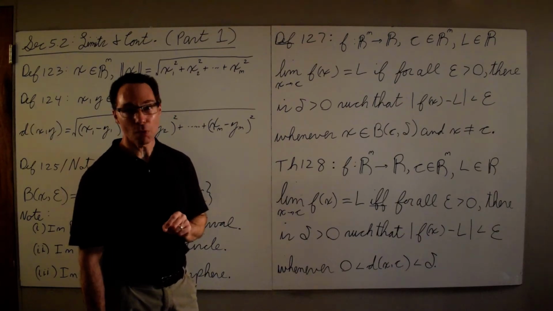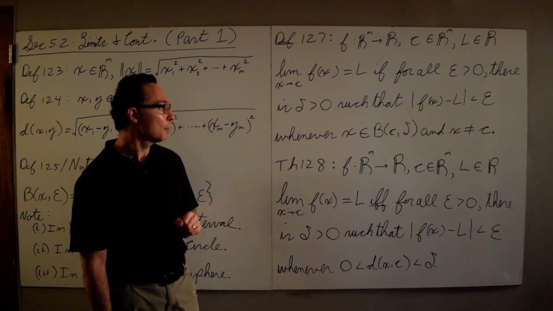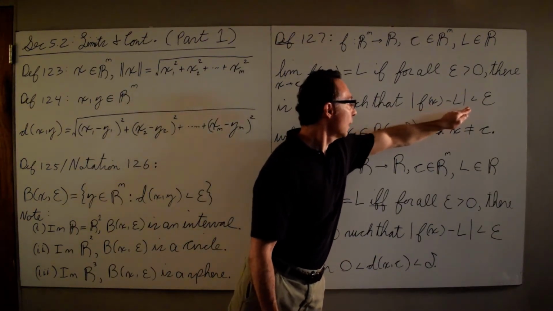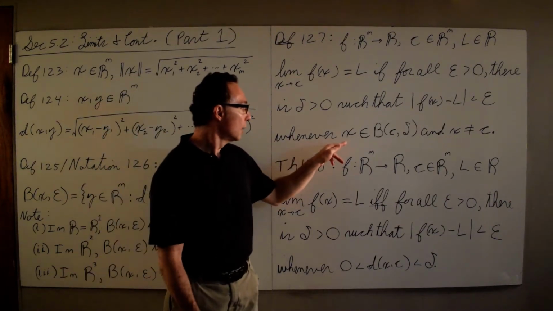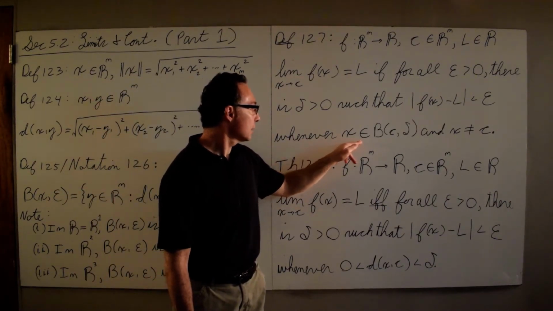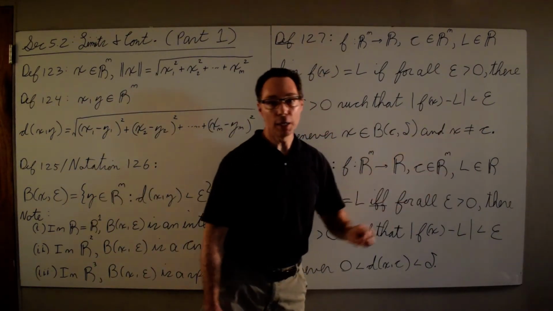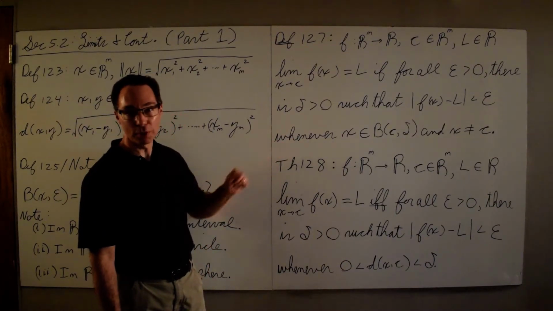For all epsilon greater than 0, there's a delta greater than 0, such that the distance between f of x and L is less than epsilon whenever the distance between x and c is less than delta, but x is not equal to c.